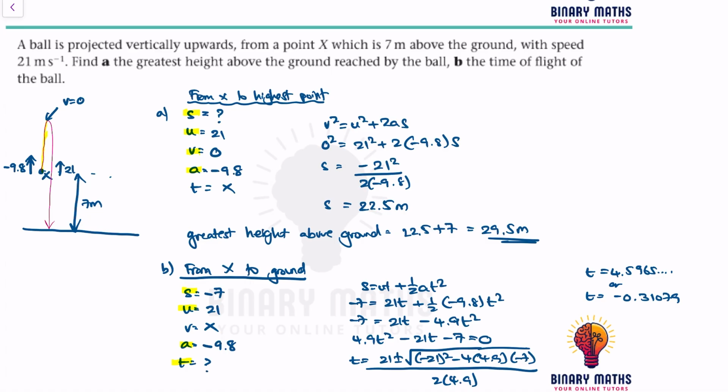Now we know time is greater than 0. As t is greater than 0, t must be equal to 4.5965, which means t must be equal to 4.60 seconds.